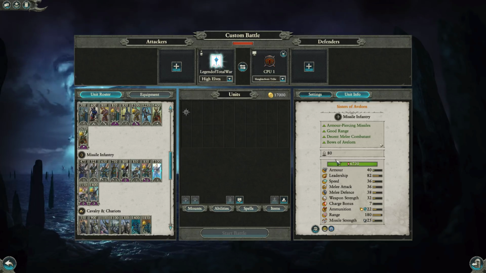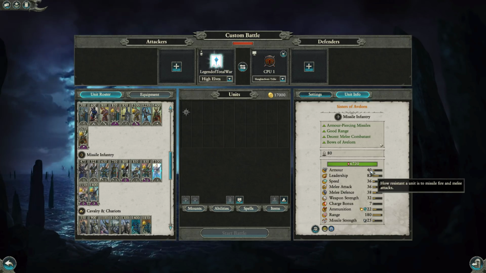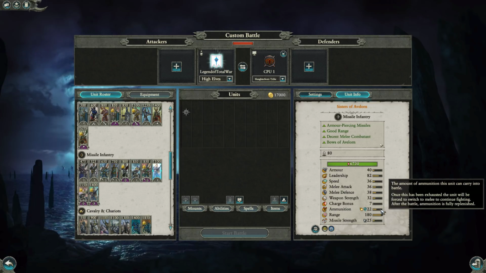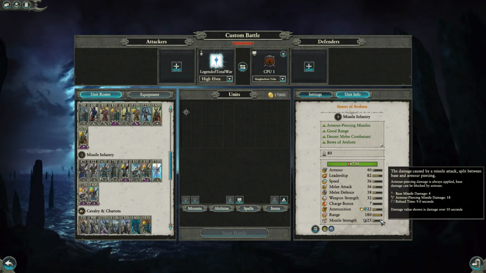So for example, in this case here, it basically picks a number randomly between 20 and 40, right? And that's the percentage of non-armor piercing damage, so base damage, that's resisted. So let's just say hypothetically a damage attack is being applied and it picks a 20%. Well, then it blocks 20% of the damage. Or it could pick 40% of it.